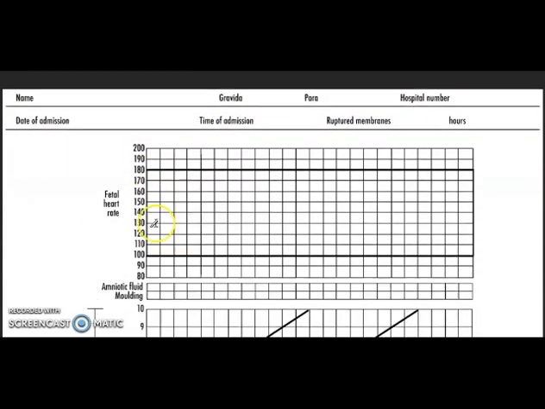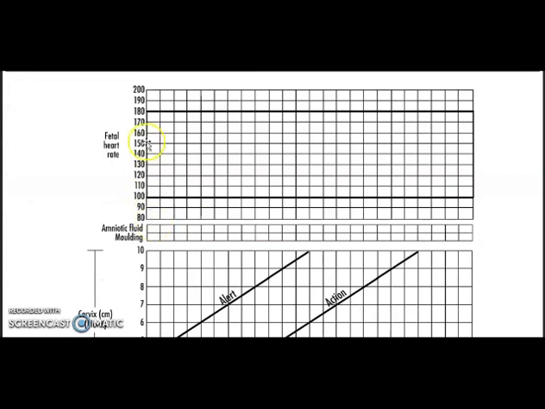The other part of the partograph is where you look out for the fetal well-being and you record the fetal heart rate. This is also a vital part of the partograph, and this fetal heart rate is recorded half hourly, so every 30 minutes you need to record the fetal heart rate.